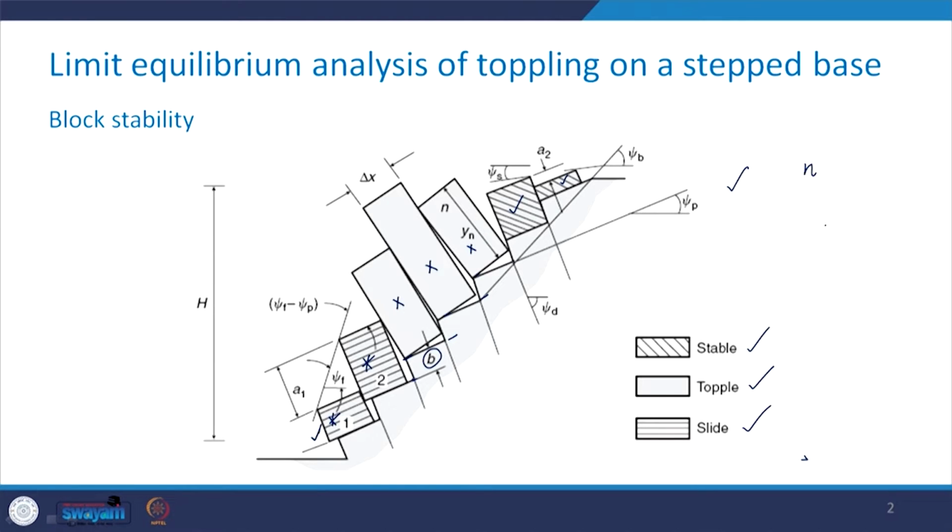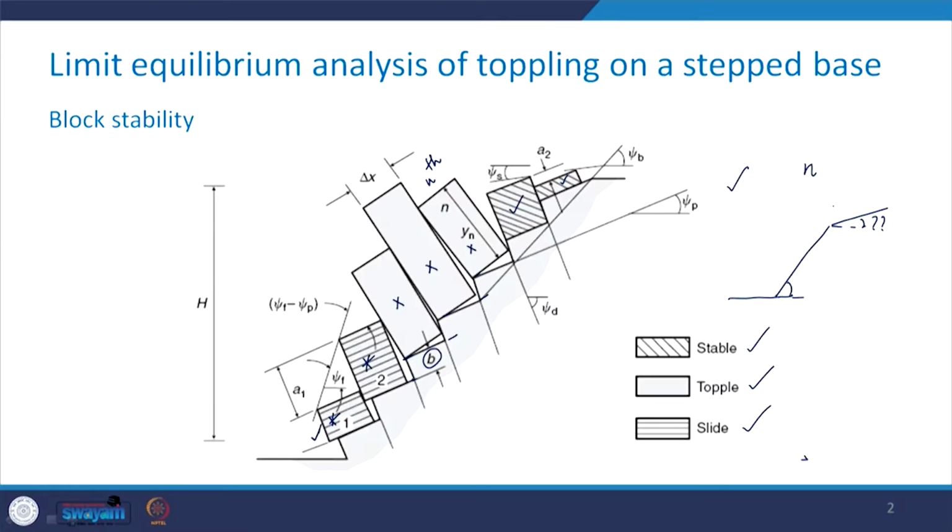So, basically it will look like this. This has one value and the upper portion has the other value. Then any block, say the nth block here, can be above the crest, that means in this zone, it can be just at the crest, that is here, or it can be below the crest.